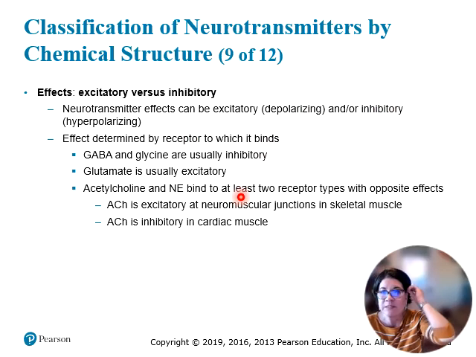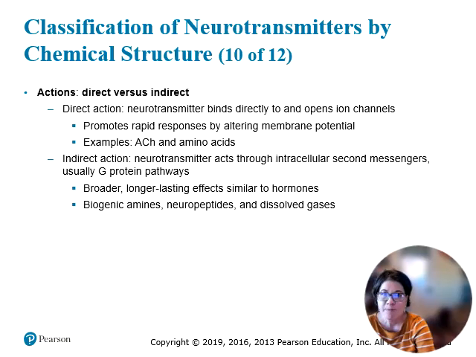So for effect, it depends on which receptor they bind to. GABA and glycine are inhibitory, glutamate is excitatory, and acetylcholine and NE can have opposite effects depending on where they bind. So excitatory in skeletal muscles, inhibitory in cardiac muscles.